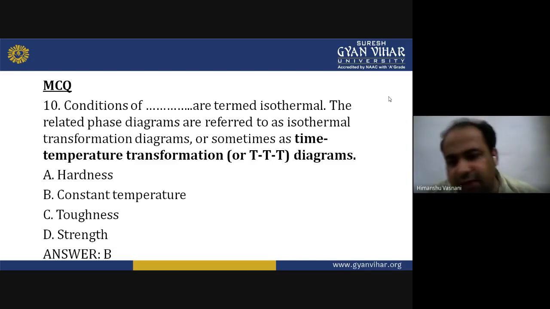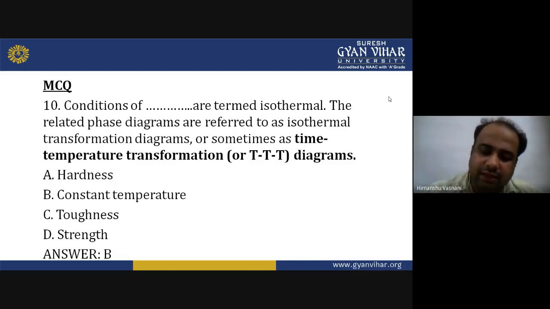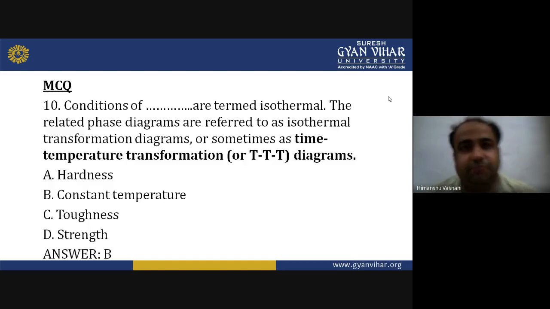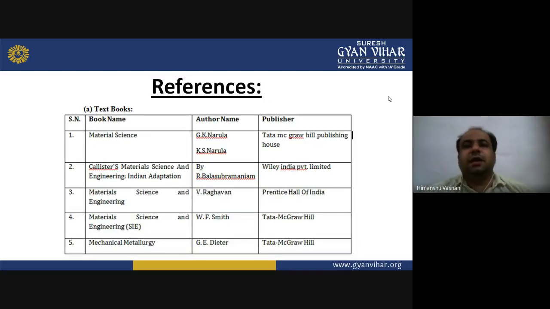You have seen how at various temperatures the color of the work specimen changes, and so this heat treatment is easy to understand. So far, we have studied annealing, normalizing, hardening, and then tempering.